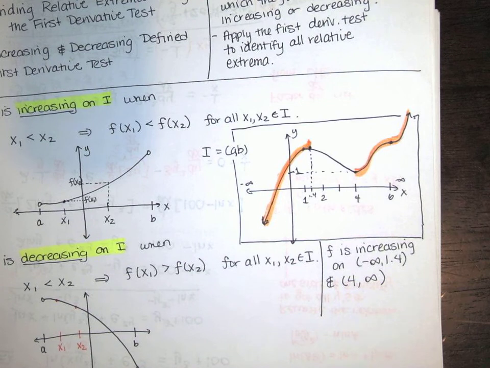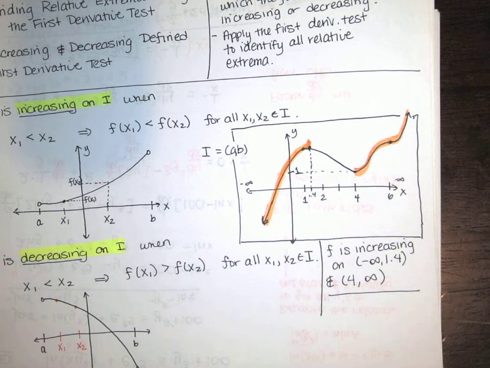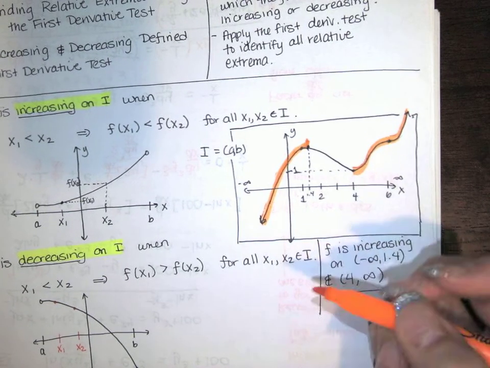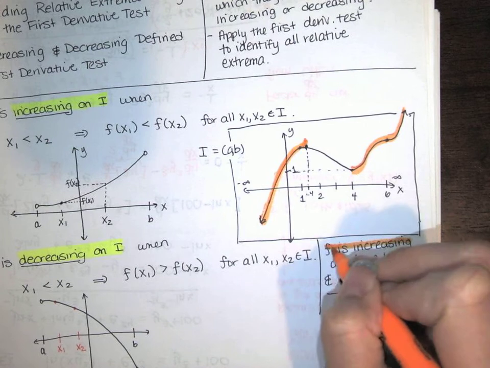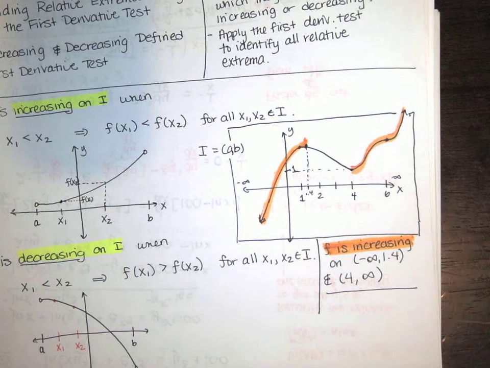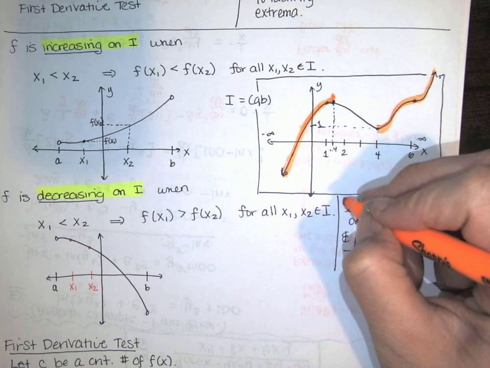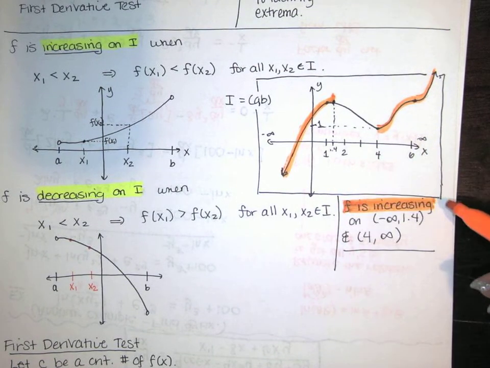And then the question might also say, where's the function decreasing? Well, obviously it's decreasing from there to there. And again, we're looking for an interval of x values. So f was increasing on these two intervals. That might be enough. You might just stop there.